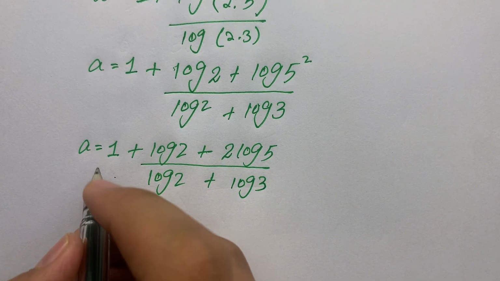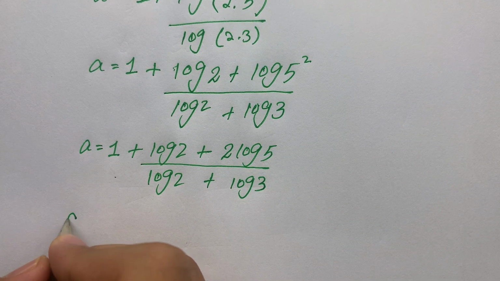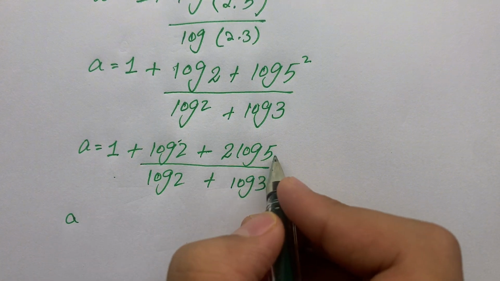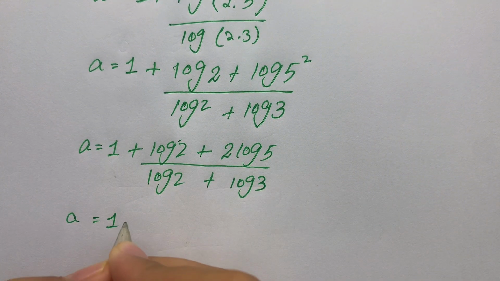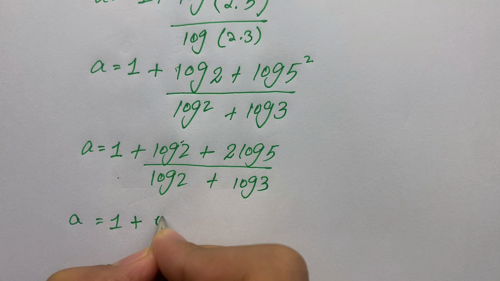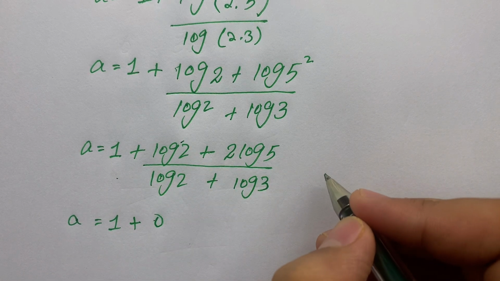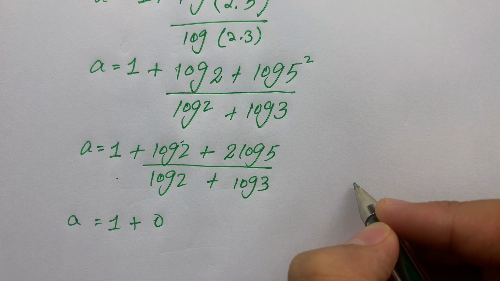In this video, we are now solving log of 2 plus 2 log of 5. A is equal to 1 plus, as we noted, log of 2 is approximately 0.301.